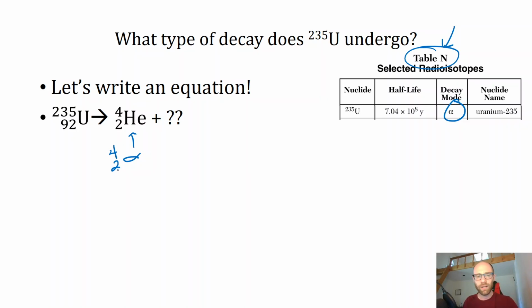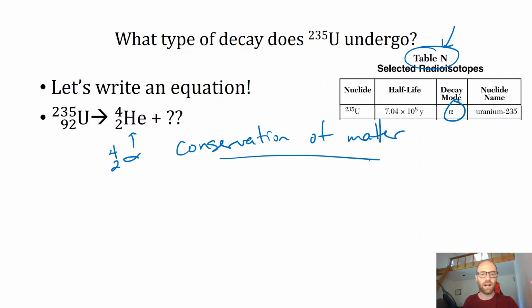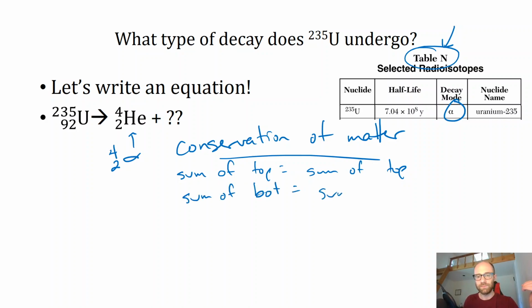In a nuclear equation, you have to follow all the same rules that we followed with any other equation. There is a conservation. In this case, the sum of the top numbers equals the sum of the top numbers, and the sum of the bottom numbers equals the sum of the bottom numbers.